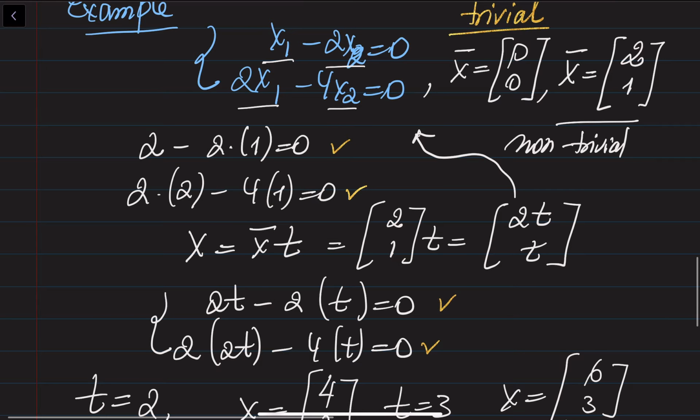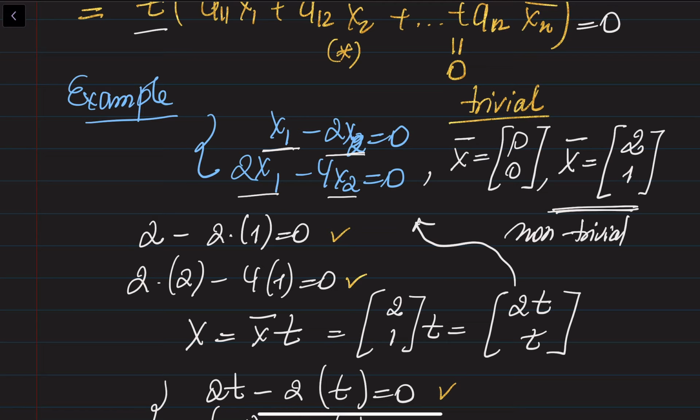If I substitute x1 with 6 and x2 with 3, it's going to be a solution for the first and the second equations. So this means that if your system of linear equations has a non-trivial solution, then it's going to have infinitely many solutions.